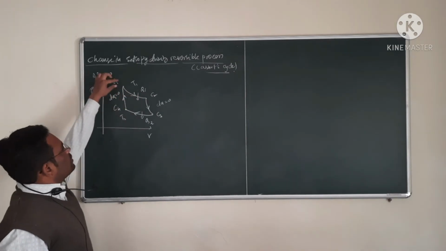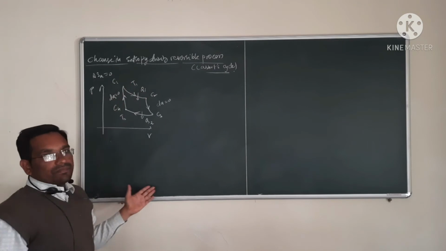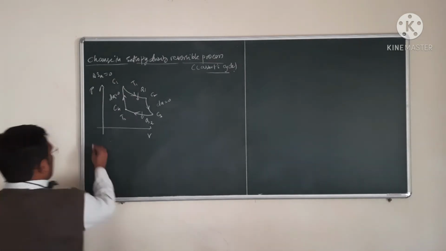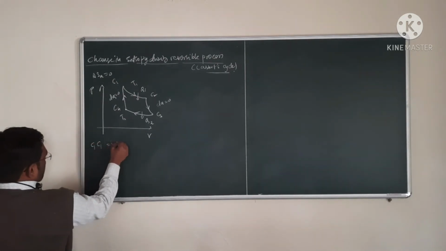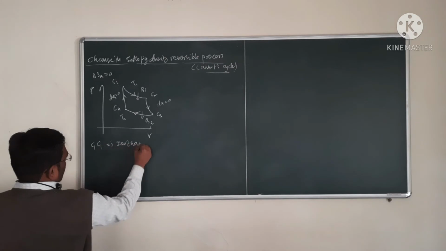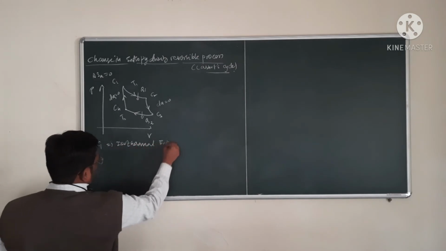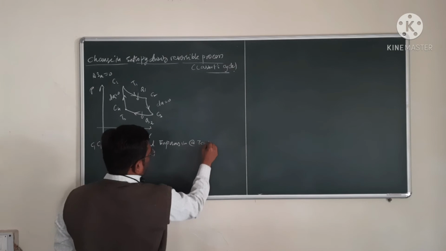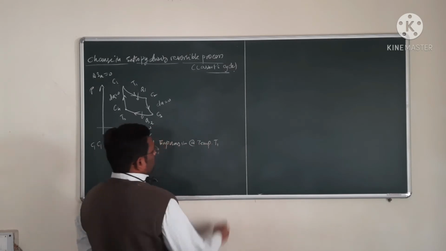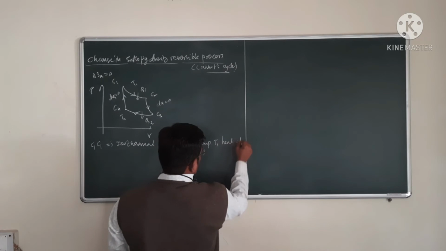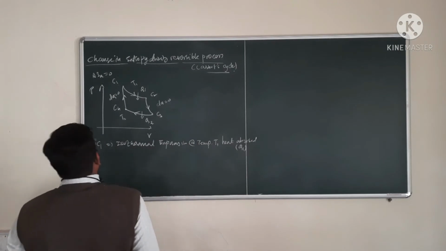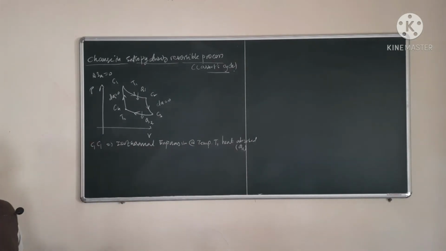So C1 to C2 is isothermal expansion. Here we can write the steps involved in the Carnot cycle. The first one, C1 to C2, is isothermal expansion at temperature T1, and the heat absorbed is Q1.